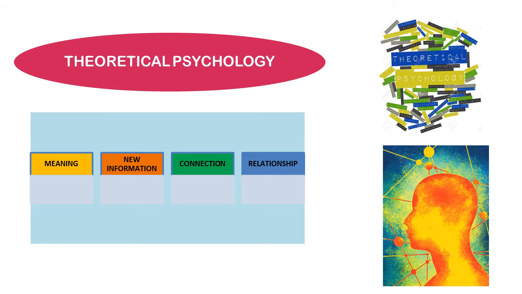New information: it deals with finding out new information, for example, to identify the qualities of successful students. Connection: it deals with finding out reasons for one's behavior, for example, what factors motivate students' behavior in the classroom.